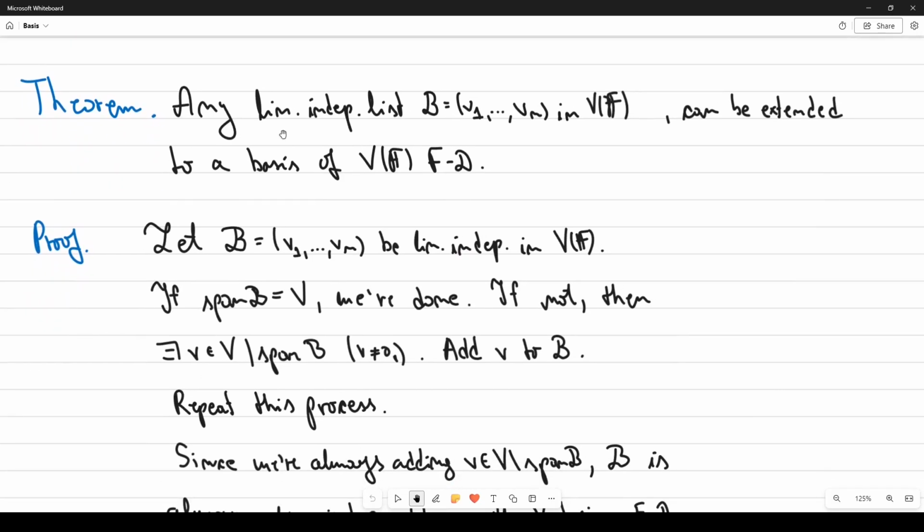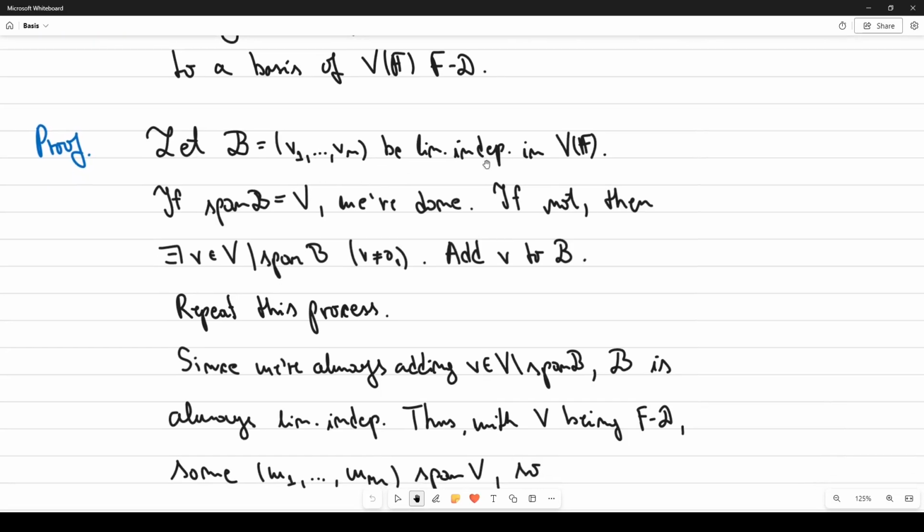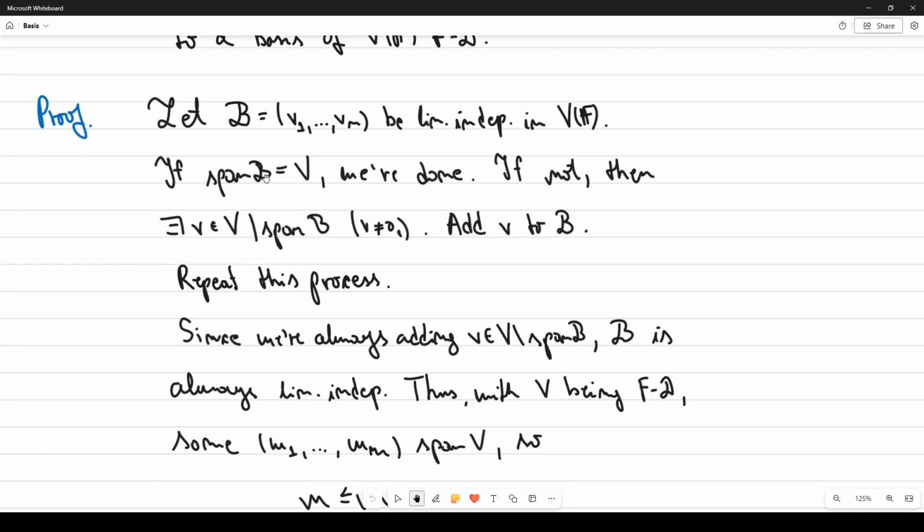Now, the following result: any linearly independent list B in our vector space can be extended to a basis of V. So let B be some linearly independent list of vectors in V. If the span of B is equal to V, then we're done. We have a basis. If not, that means that B does not span V completely.